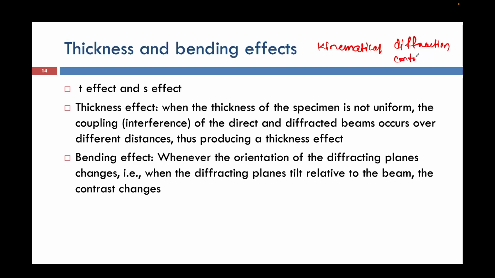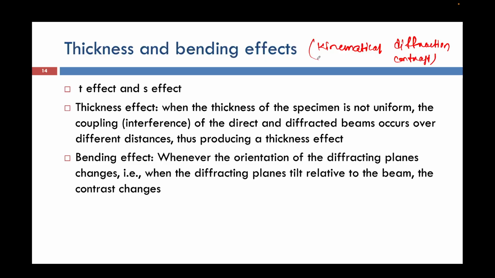Remember, whatever we are doing, we are talking only about diffraction contrast. The two beam condition and the Howie-Whelan equation are used to quantify the amplitude of the dynamical diffraction contrast. Here we are going to talk about the kinematical diffraction contrast.